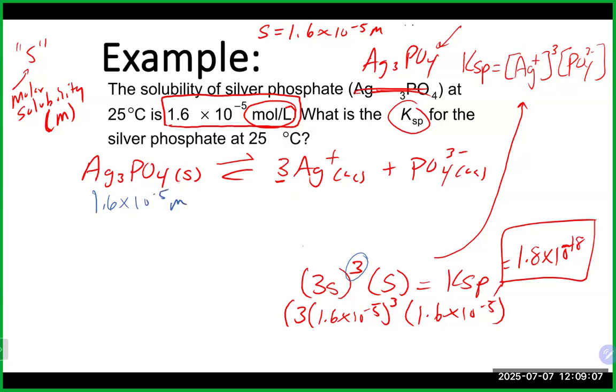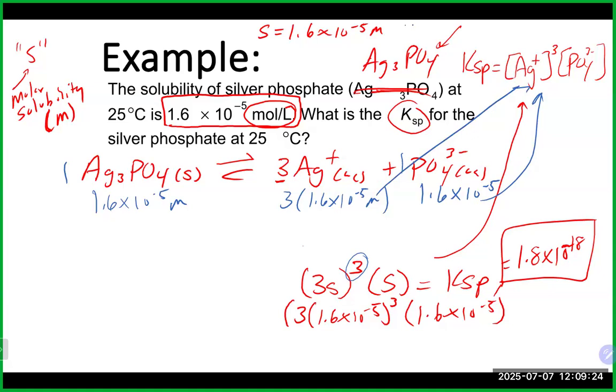This would be 3 times that to get the concentration of our other ion. The silver is a 1-to-1 relationship, which means this would be 1.6 times 10 to the minus 5. Now you could just go straight into here and get the same answer. It's basically doing the ice table. But again, the ice table might help you do that if you don't mess it up in that sort of case.